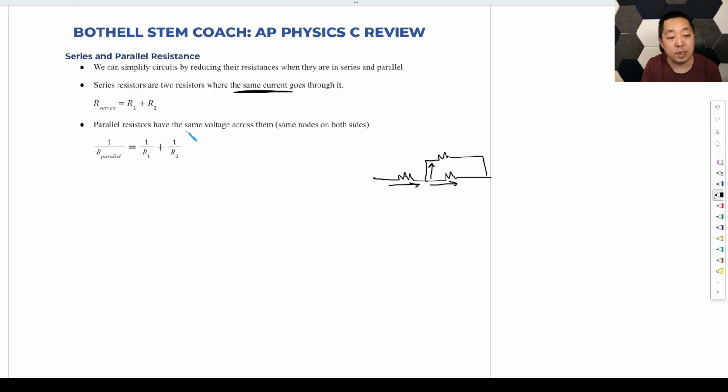Parallel resistors have the same voltage across them. What that means for parallel is that they have to be connected on both sides like this. So these two are parallel because they share a connection by a wire on each side. Both sides have to be shared, not just one side or the other. So parallel doesn't necessarily mean that they're next to each other.